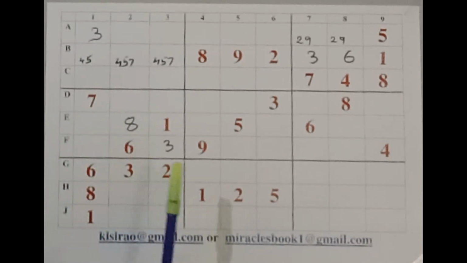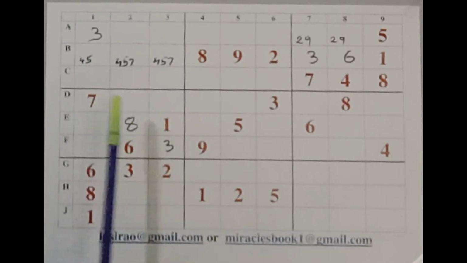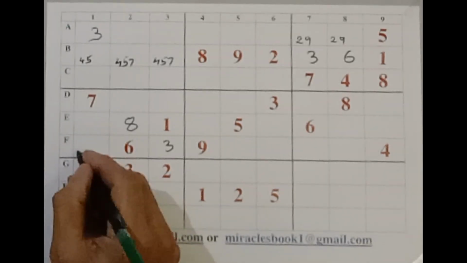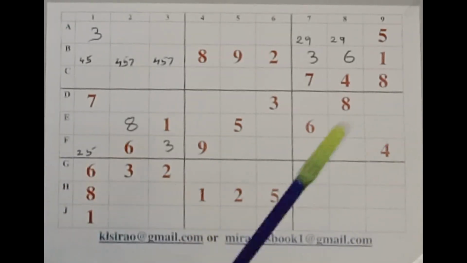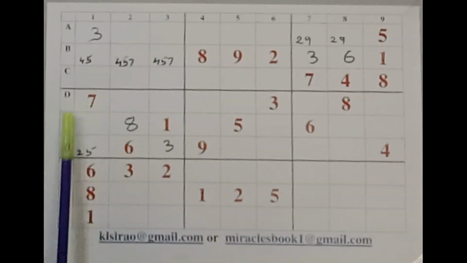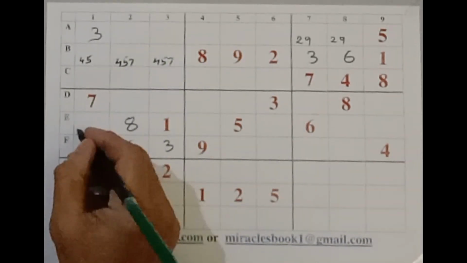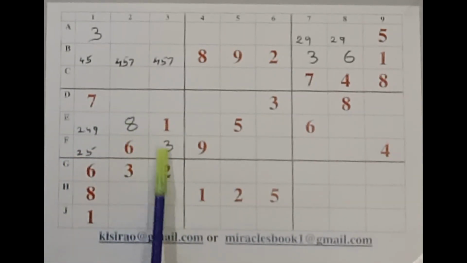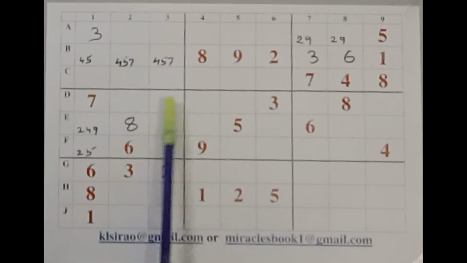We require 2, 4, 5 and 9. We have this 4 and 9 here. That means 2 and 5 here. Only 5 is there. 2, 4, 9 here. Here we got a 2, so 4, 5, 9 here.